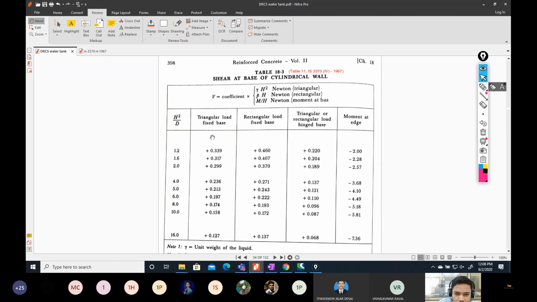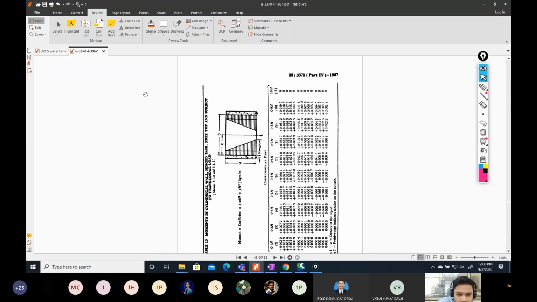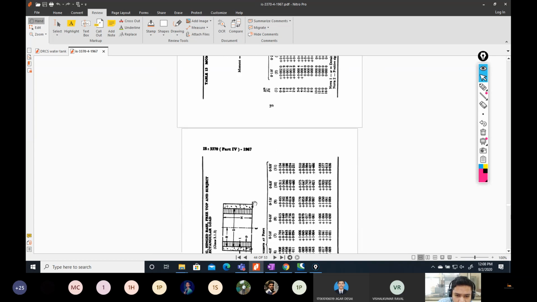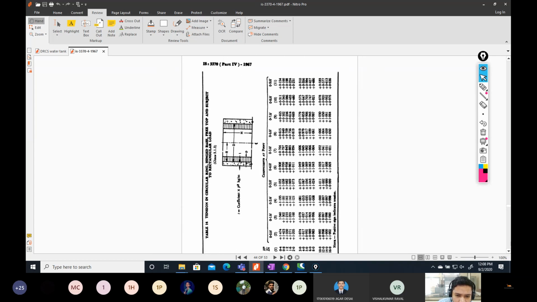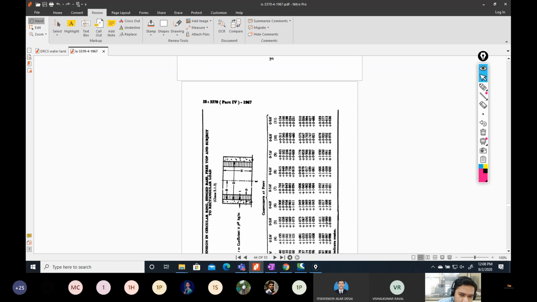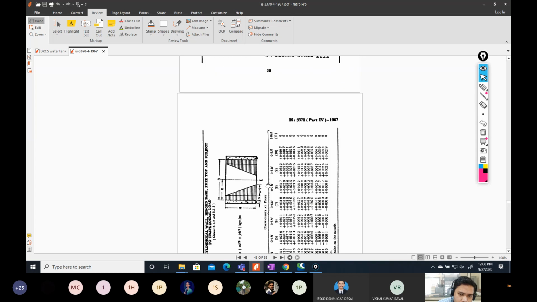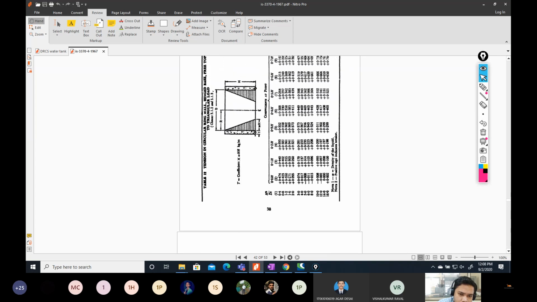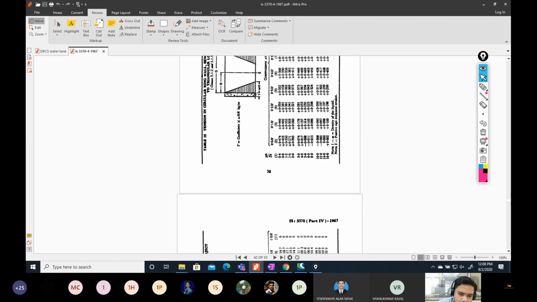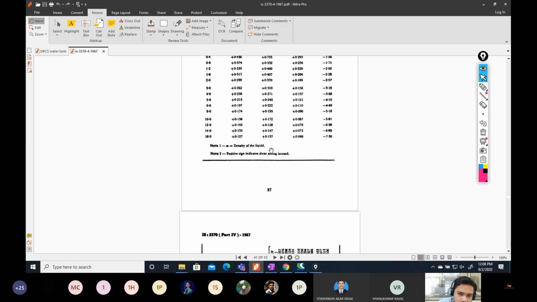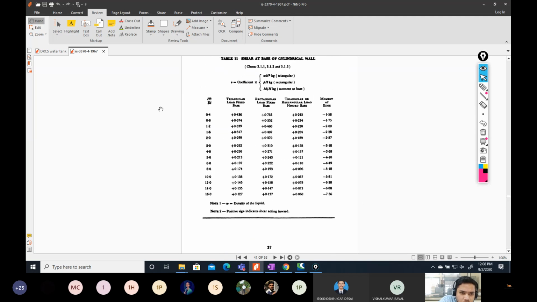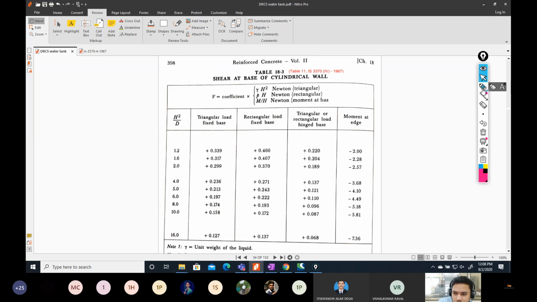Wait a minute. Here it is h square by dt only. There is a mistake here. It is h square by dt ratio.